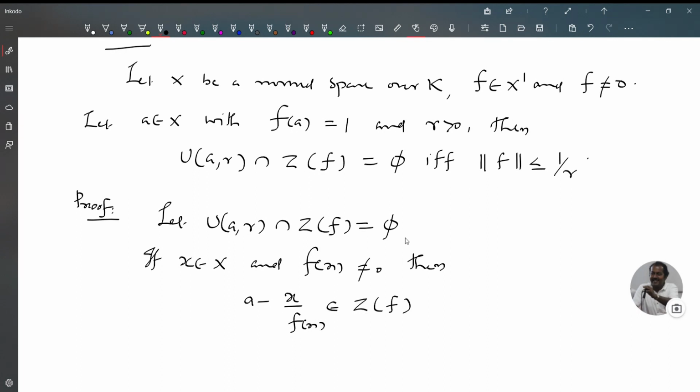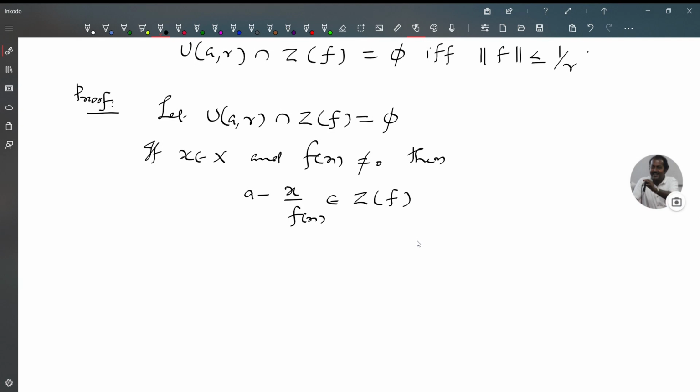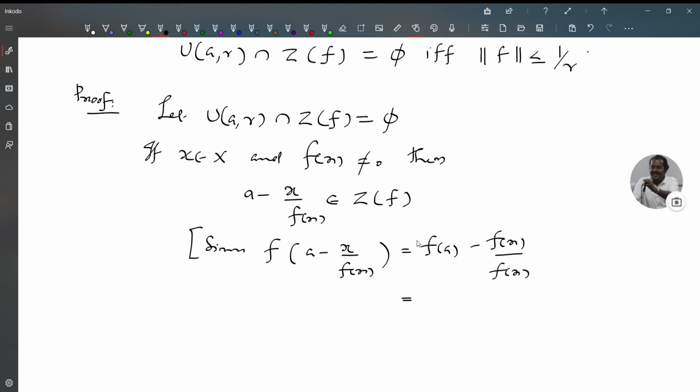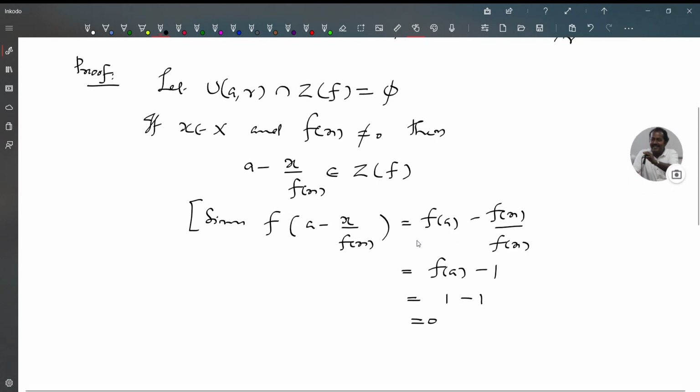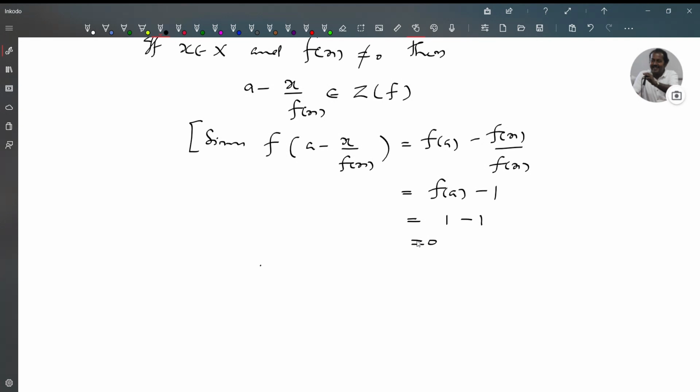This is because f of (a minus x by f of x) is equal to f of a minus f of x by f of x, since f is linear. So this is f of a minus 1, and you know f of a is 1, so 1 minus 1 is 0. Therefore, a minus x by f of x belongs to the null space of f.